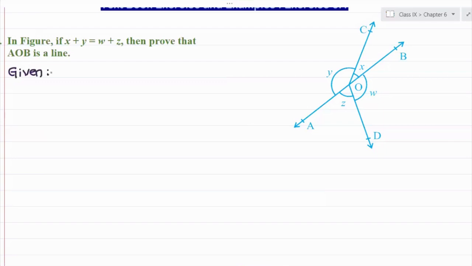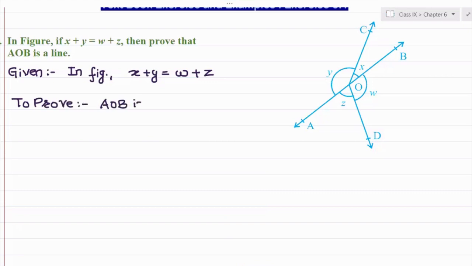In the figure, we are given that x plus y is equal to w plus z. Okay, then what do we need to prove here? Write down, To prove: AOB is a line.